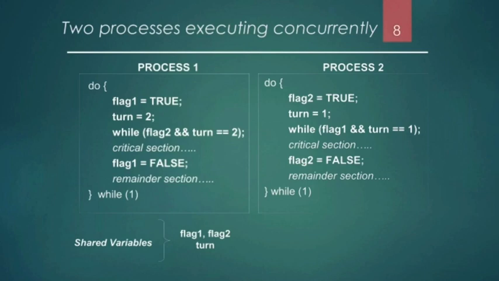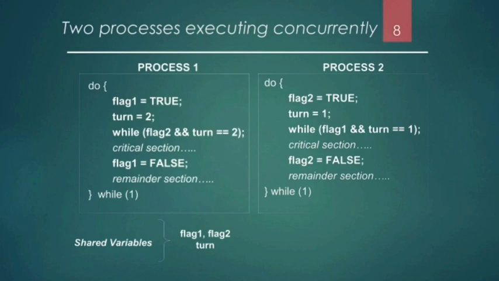If Pj has set flag[j] to true and is also executing in its while statement, then either turn equals i or turn equals j. If turn equals i, then the process Pi will enter the critical section. Otherwise, if turn equals j, then the process Pj will enter the critical section.